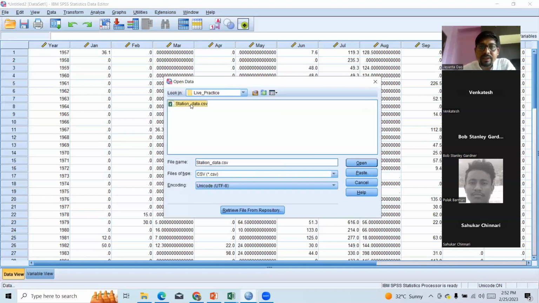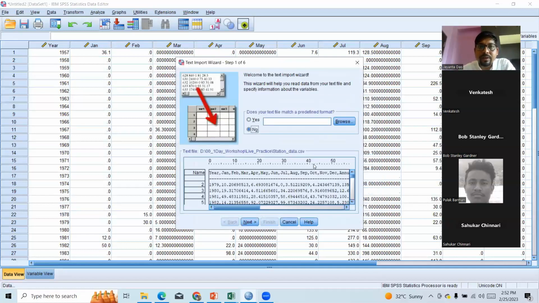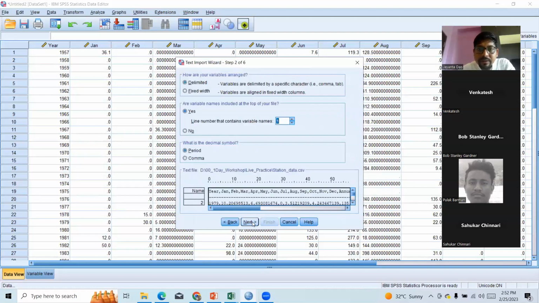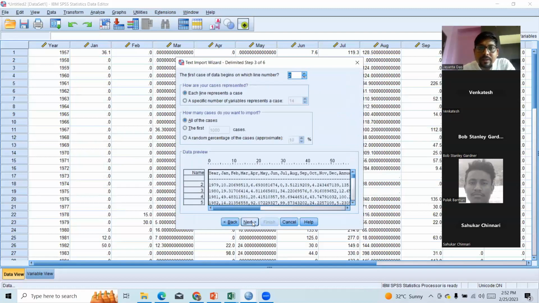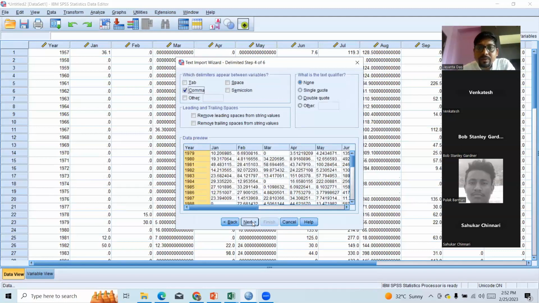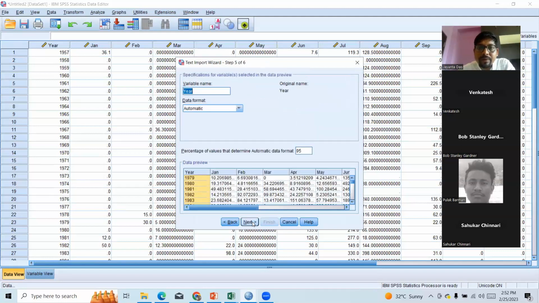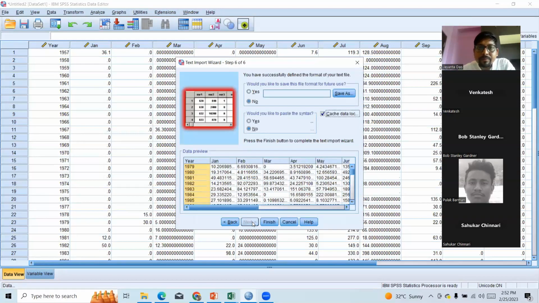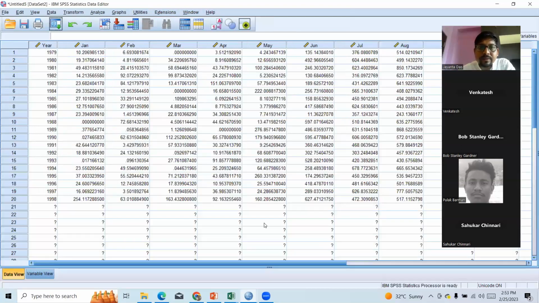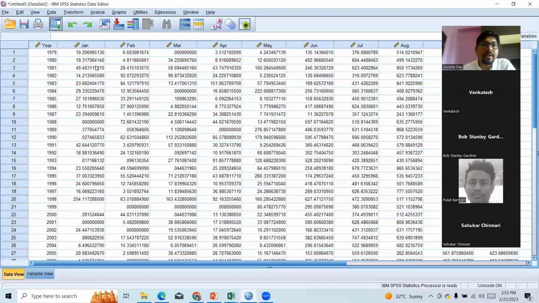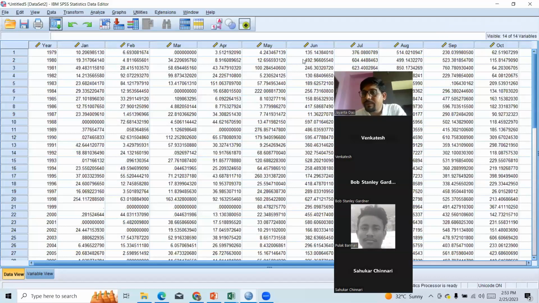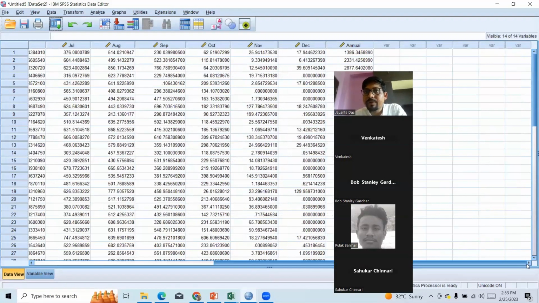Here station data CSV, select it and open it. Okay, it's generated data. Next. It's delimited data, that's why it asks some questions. It's okay. Now finish. Here are the data: year, January to December up to annual. All data here.